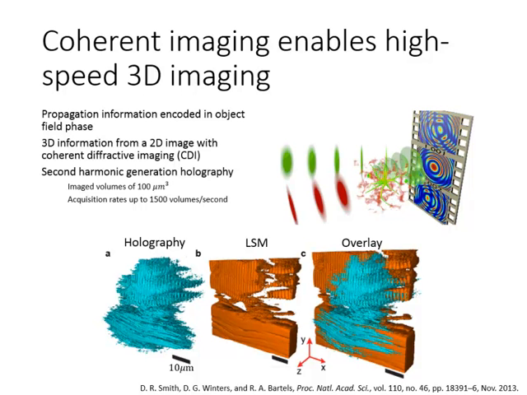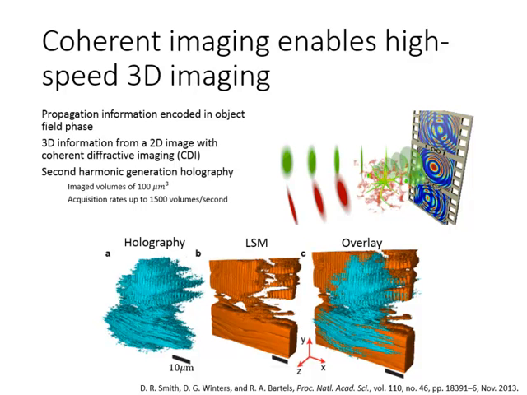So moving away from scanning towards wide field techniques, such as this work we did on second harmonic holography. In this work, we illuminate the sample with a pulsed laser beam. The sample generates second harmonic light, which we interfere with a previously generated second harmonic reference beam. We record XY spatial information using a camera, and then the hologram, these fringes, encode the differential distance that the light traveled between the object generating the second harmonic and the camera.